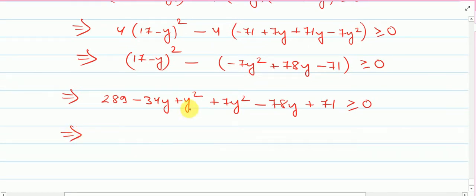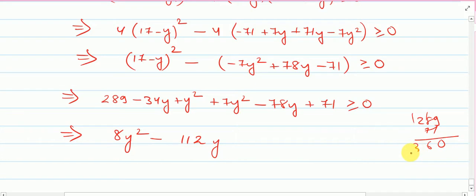So y square plus 7y square, you get 8y square, here minus 34y and here minus 78y, so you have to add, so you will get minus 112y, and this 289 plus 71, so here 360.